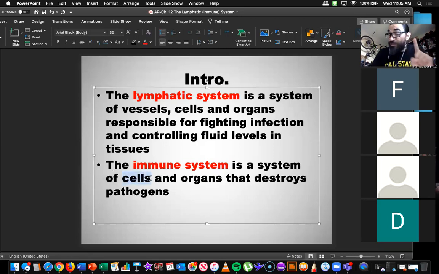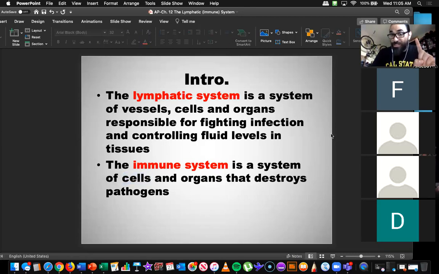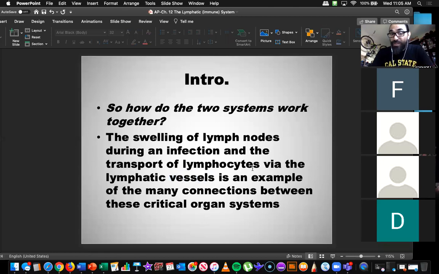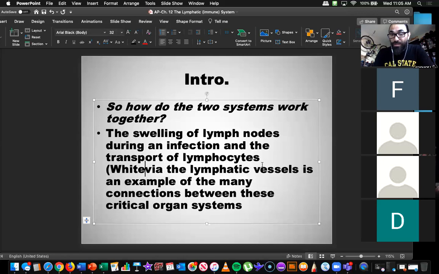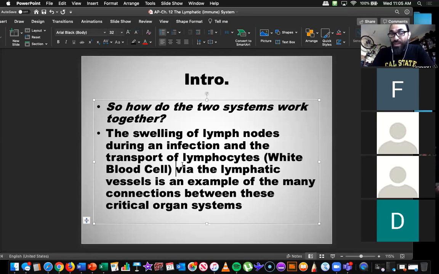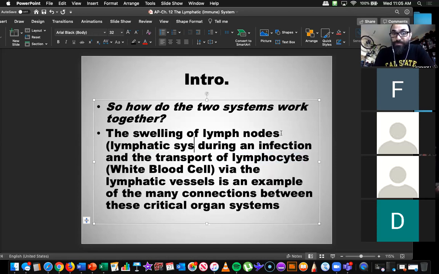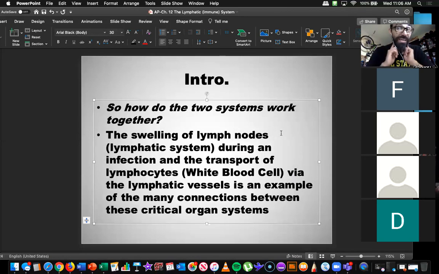An example of a cell I'm talking about for this slide is a lymphocyte, which is a white blood cell, and you've heard of that term, okay? So a lymphocyte is fancy talk for an example of a white blood cell. That's the cell of the immune system, okay? But the lymph node belongs to the lymphatic system. Okay, the lymph node, for example the tonsils, belongs to the lymphatic system.